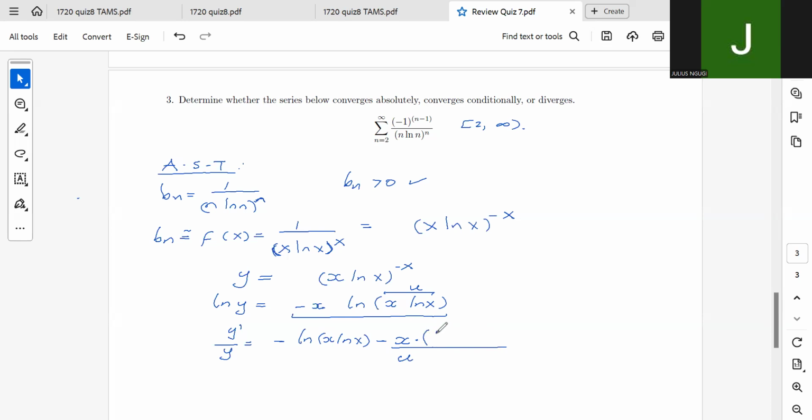So you have 1 times ln of x, then you add 1, because the derivative of ln x is 1 over x, times x. If I factor out a minus, I will have ln of x, ln of x, then plus ln x plus 1 over x ln x, where u here is x ln x.